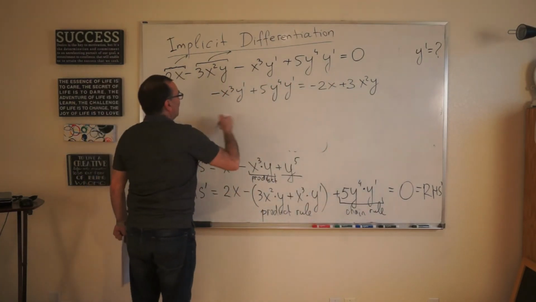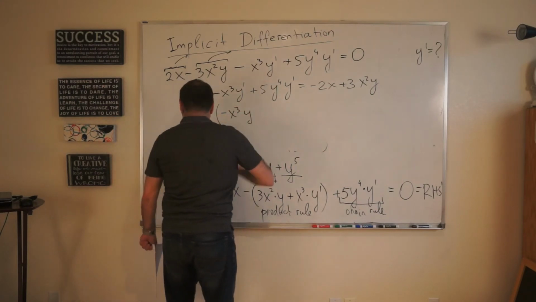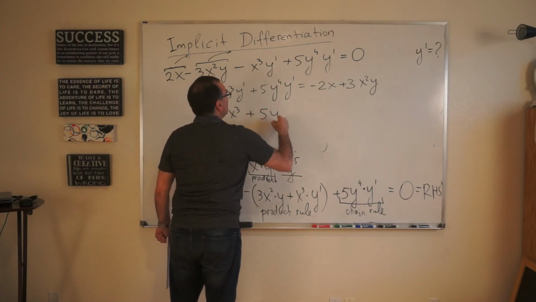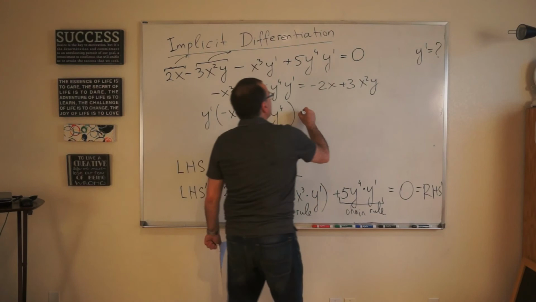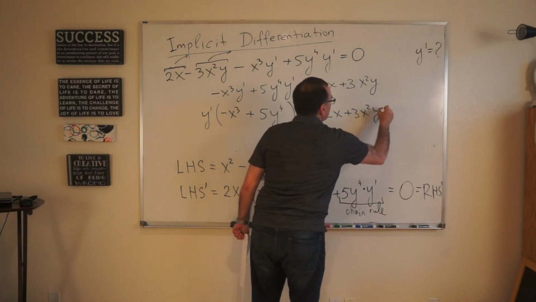Now we can factor out y prime: y prime times minus x cubed plus 5 times y to the fourth. The right hand side is the same, so minus 2x plus 3x squared y.